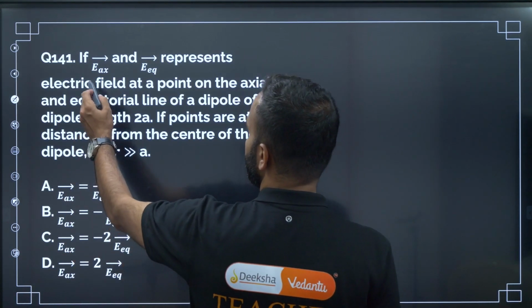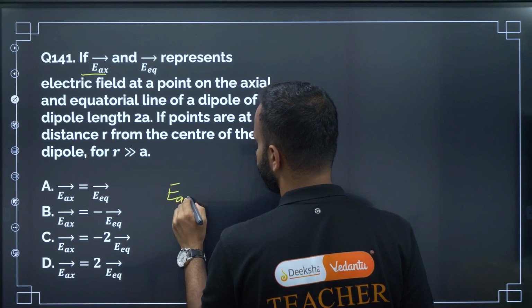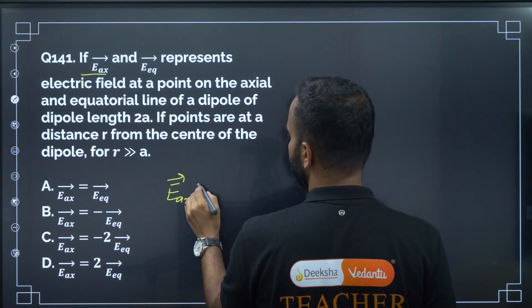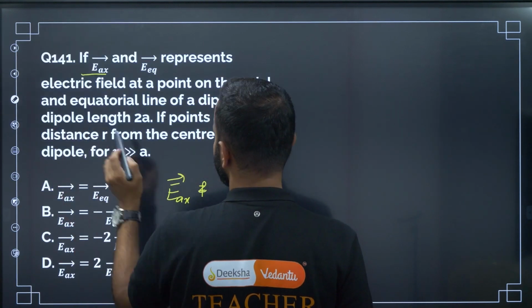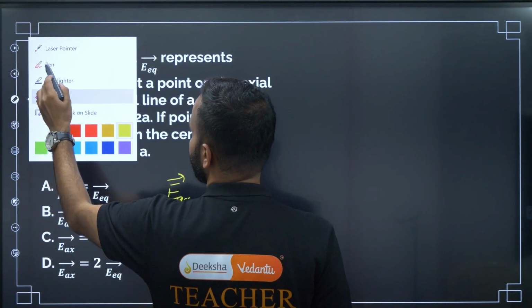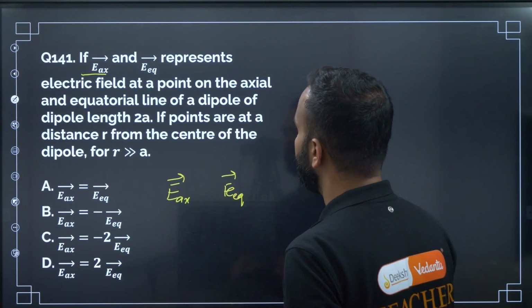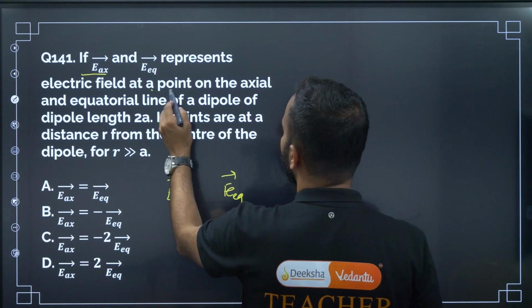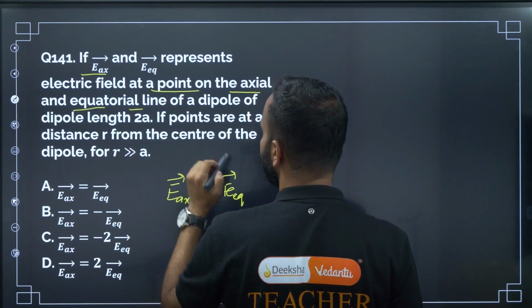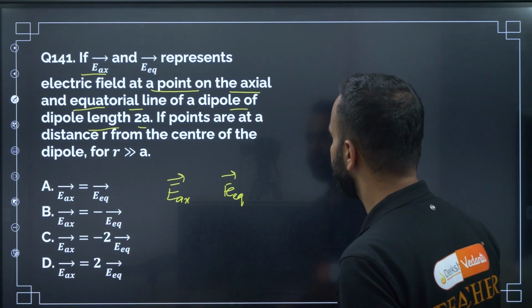Here, if E_AX vector and E_EQ vector represent the electric field at a point on the axial and equatorial line of a dipole of dipole length 2a.